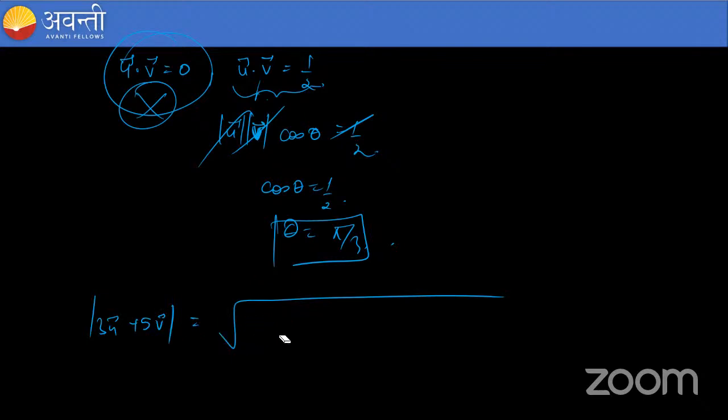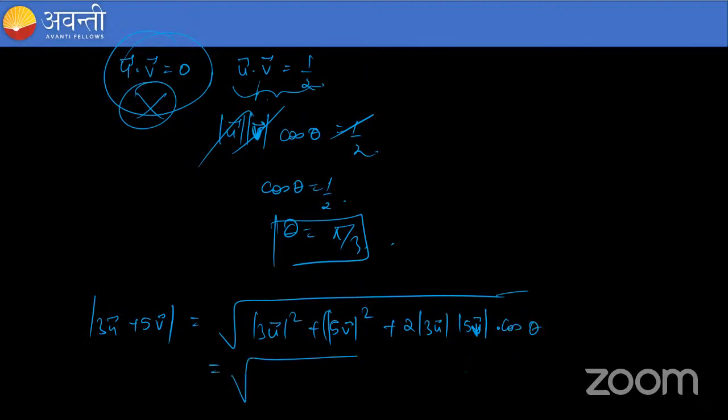Now mod of 3U bar plus 5V bar will be equal to the square root of mod of 3U bar squared plus mod of 5V bar squared plus 2 times mod 3U bar into mod 5V bar into cos theta, right?